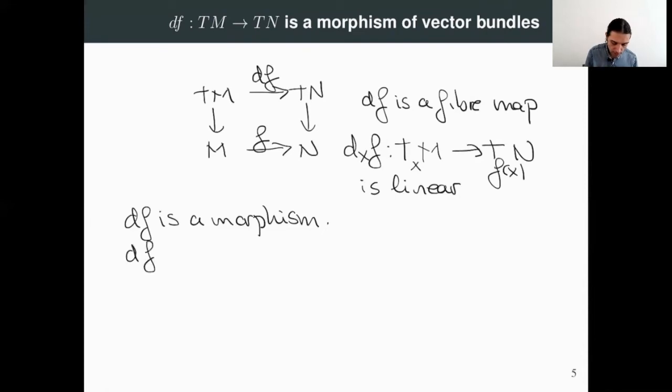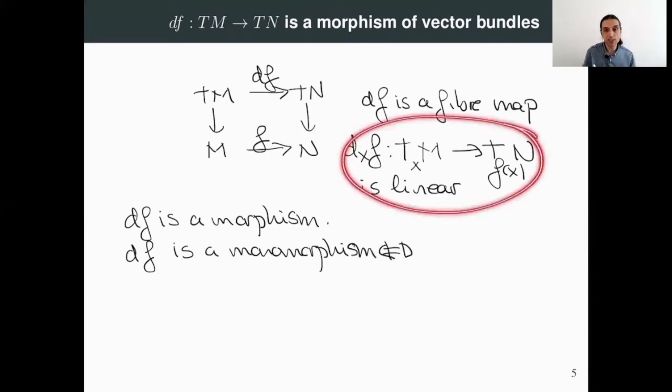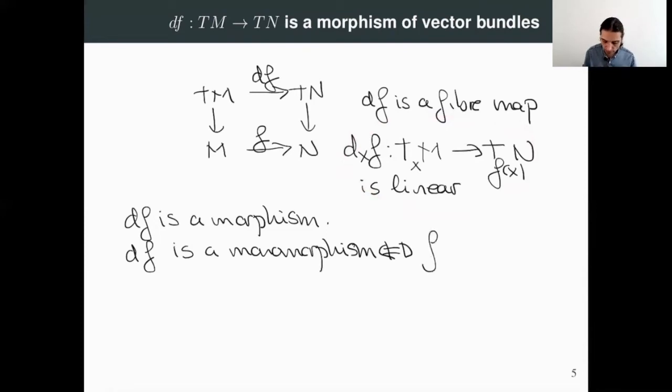The differential of F is a monomorphism of vector bundles if and only if these differentials of F at every point are injective. But that's exactly the condition of F being an immersion.